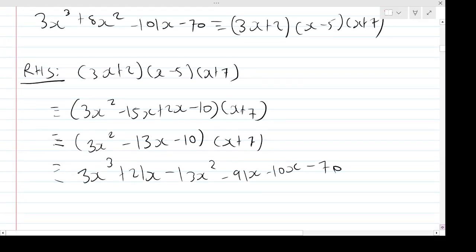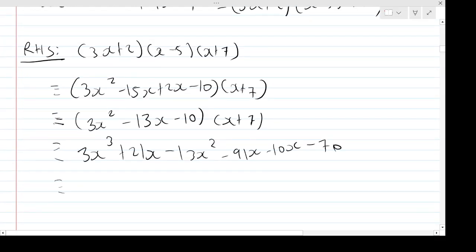Then I can collect like terms. We get the x cubed first, 3x cubed. Then for x squared, we have minus 13x squared. Hang on, am I missing an x squared somewhere? Yes, there should be an x squared there. So 21x squared take away 13x squared is plus 8x squared. Then minus 91x minus 10x is minus 101x. And then we have the minus 70.